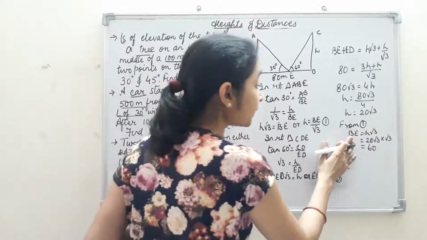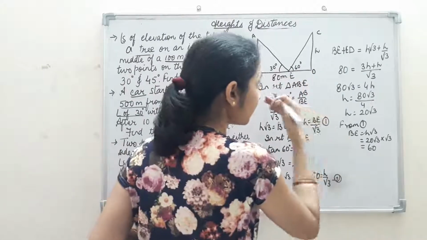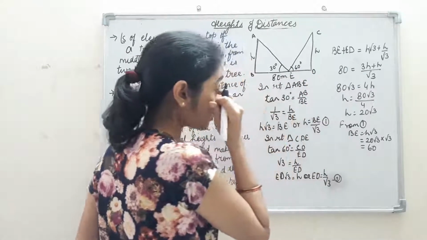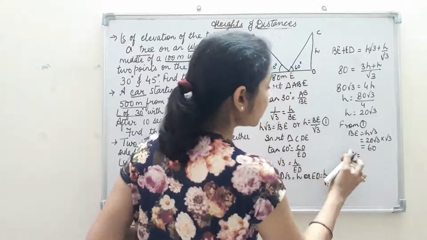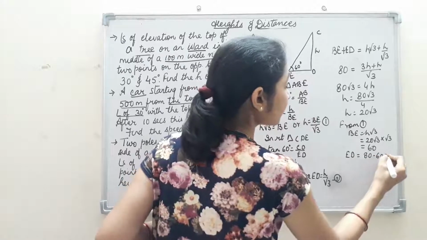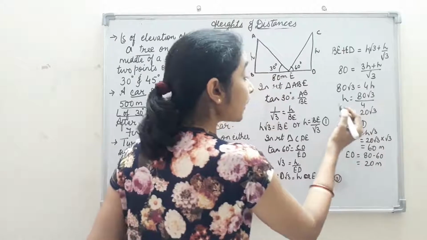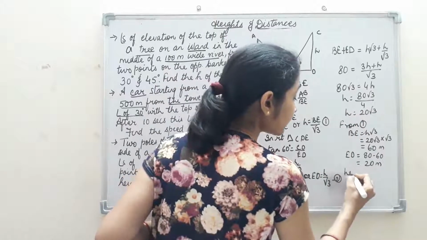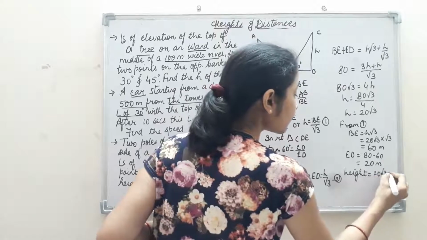Now when I get BE, I already know that ED is equal to BD minus BE. So ED is equal to 80 minus 60, and that is equal to 20 meters. So H, the height of the poles, is equal to 20 root 3 meters.